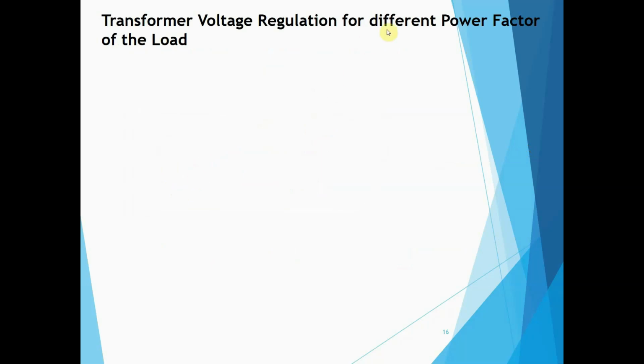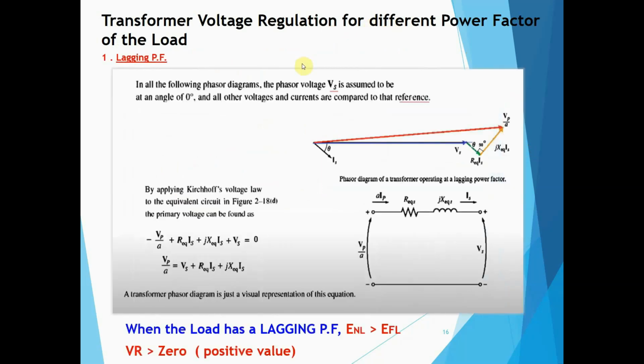For transformer regulation, let us now analyze the transformer voltage regulation for different power factors of the load. First, lagging power factor. When the power factor is lagging, as I've said, I'm going to use VS as a reference. So this is my VS, angle 0. When the power factor is lagging with this voltage, the current will be lagging.